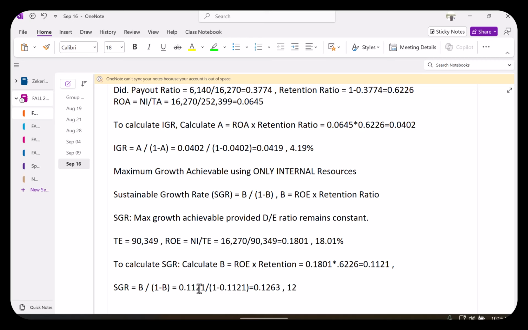So as long as Walmart keeps the same level of leverage, they can grow about 12.6%. Again, that is not a prediction of how much they're going to grow. That is an upper limit on how much they could grow, provided that they don't add leverage to the company.